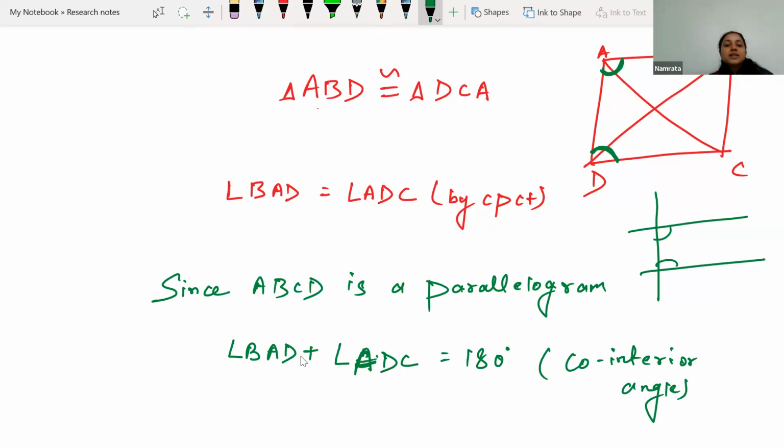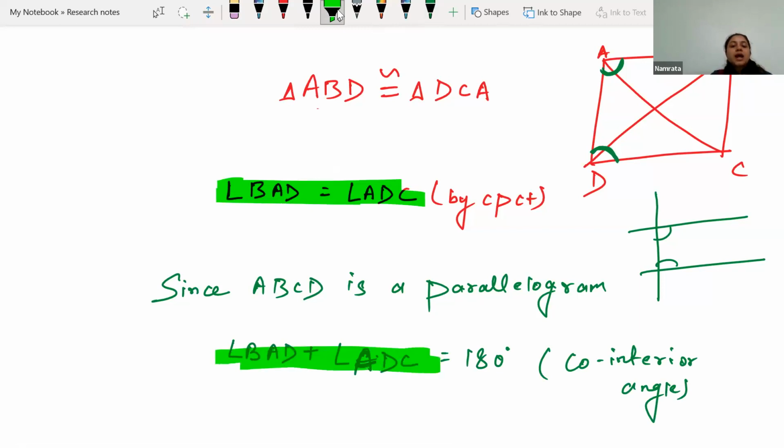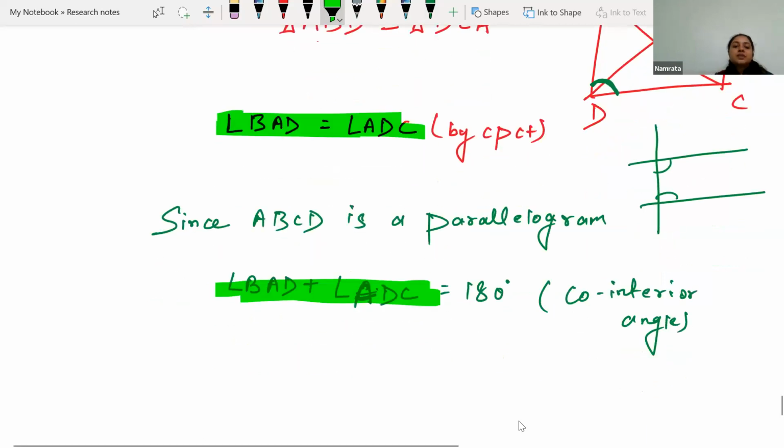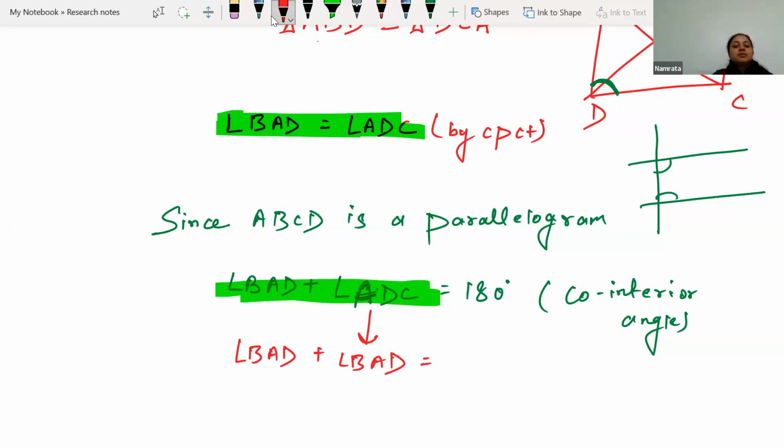Now these two are already the same, and the same two we are adding and writing equals 180. Let's substitute any one of them. So angle BAD plus angle BAD, because both are the same, is equal to 180. 2 times angle BAD is equal to 180.